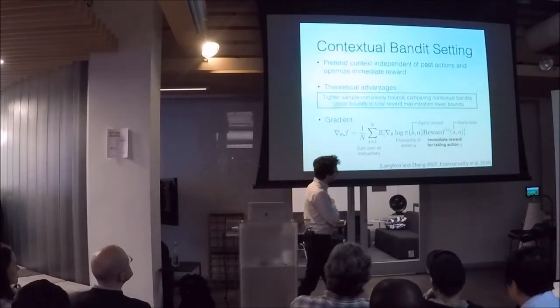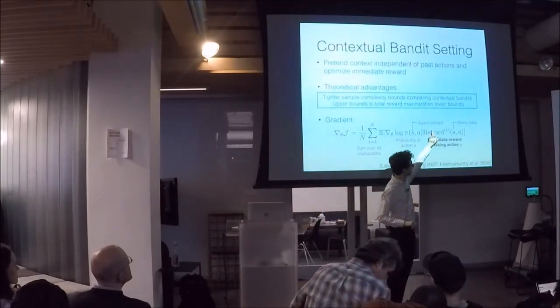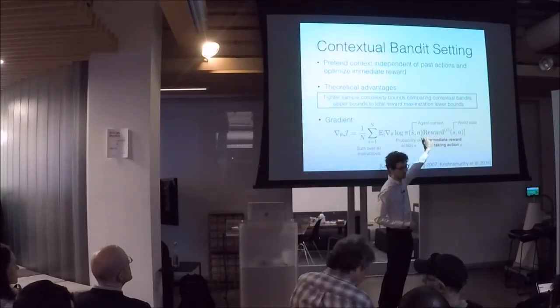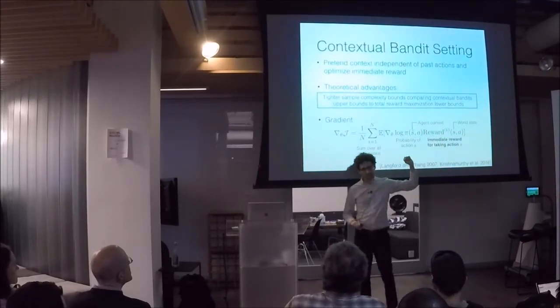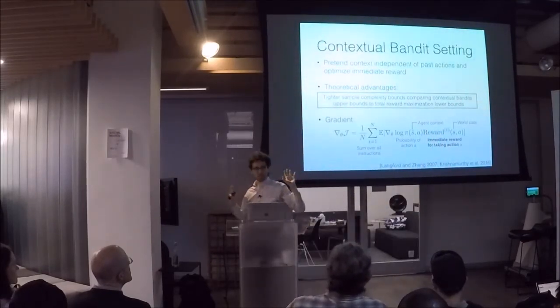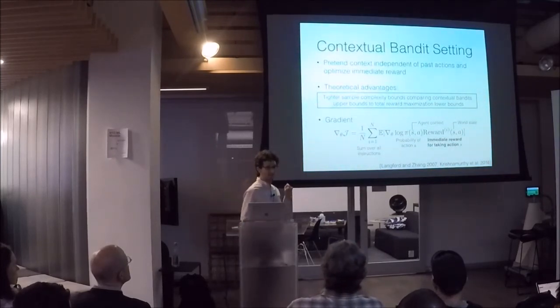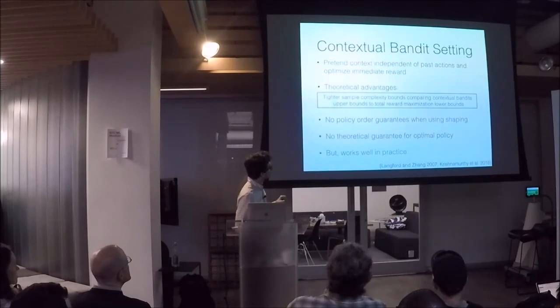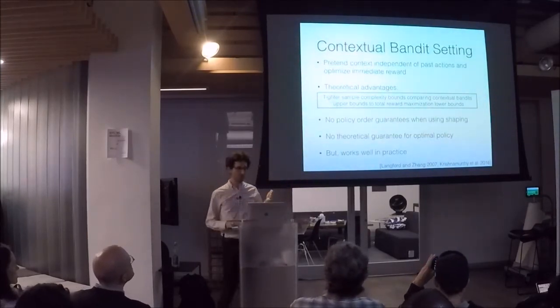What it means for our gradient, so this is our gradient. If we were maximizing a total expected reward, this would be our Q function that includes the total expected reward. Now we are using the immediate reward here. This is the only difference. It's just a tiny difference in the objective. Of course, nothing ever comes for free. So remember that very nice guarantee we had because we used this potential-based shaping?